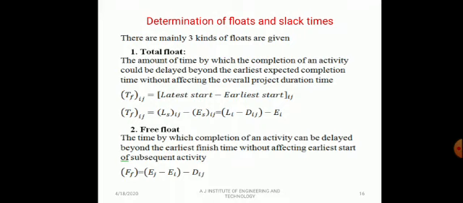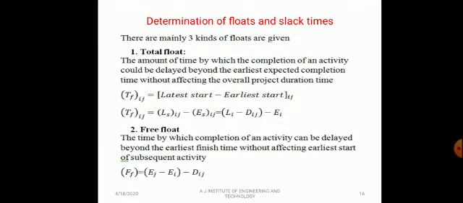Free float. Free float is the amount of time by which the completion of an activity can be delayed beyond the earliest finishing time without affecting the earliest starting time of a succeeding activity.